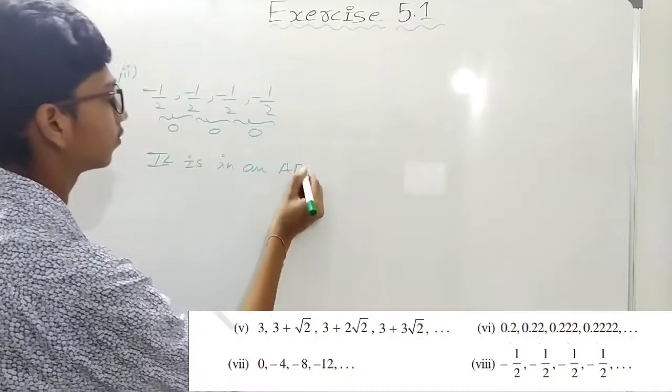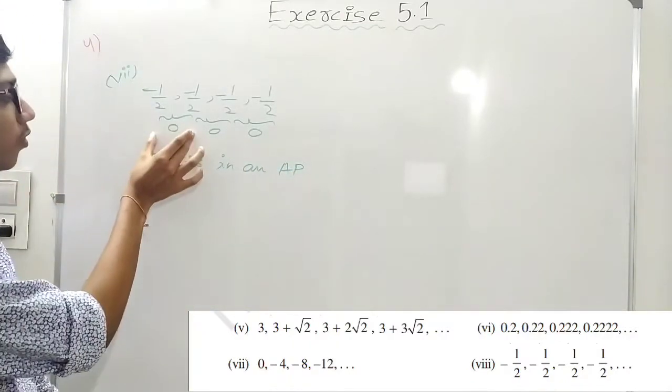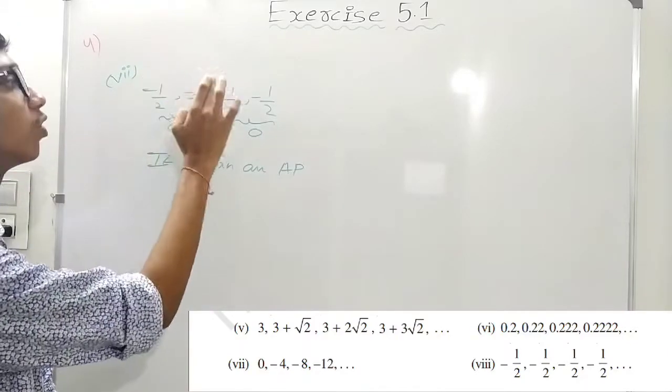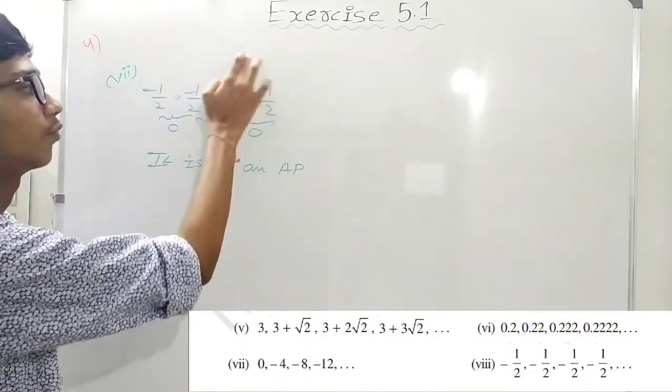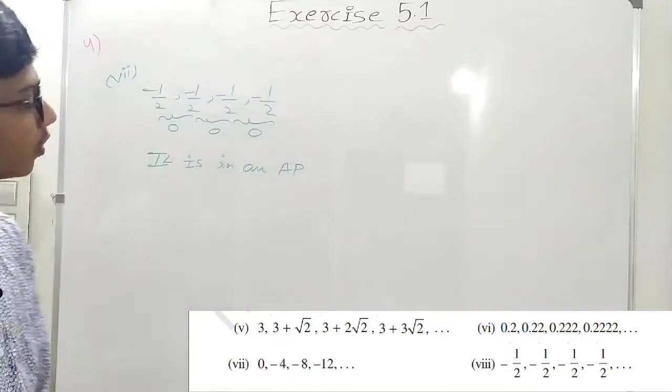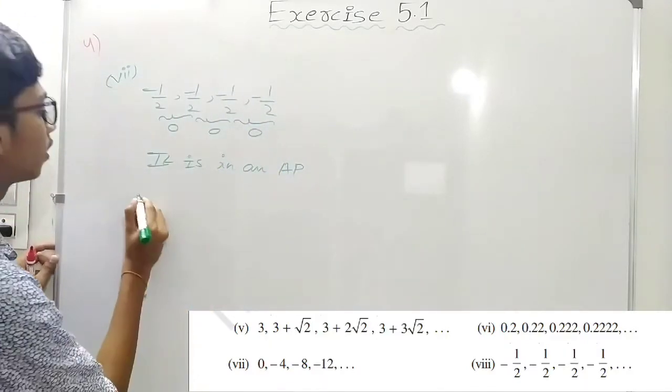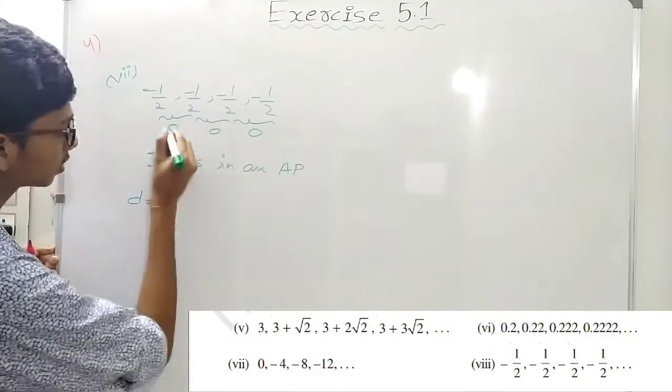Simply here, the difference between any two consecutive terms, a2 minus a1 is 0, a3 minus a2 is 0, a4 minus a3 is 0, so we can say it is in the arithmetic progression. The common difference is clearly 0.